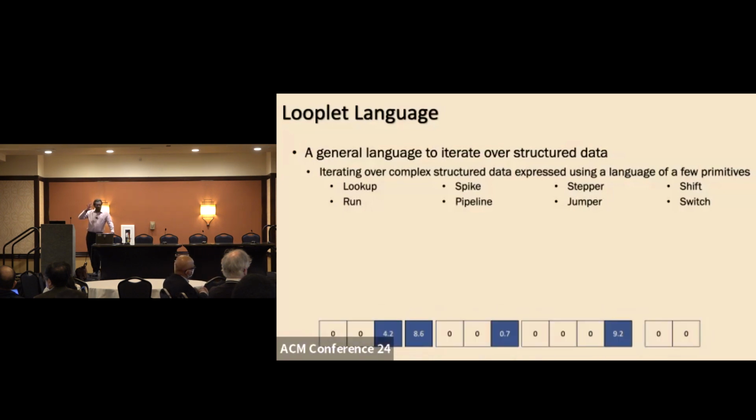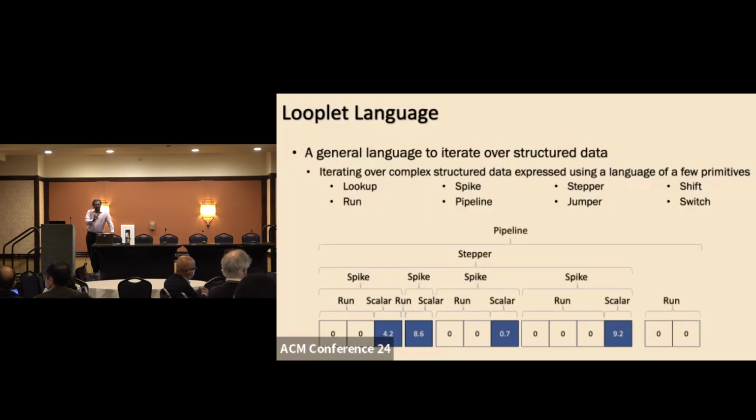Just to give you a very high level concept, here's a data structure I will represent. Anytime I have a run, which means runs of something, and then a scalar, a different scalar, it's called a spike together. You can have a bunch of different spikes together that each have a run and a scalar. If you have the same thing repeated multiple times, you have a stepper doing the same thing n times.